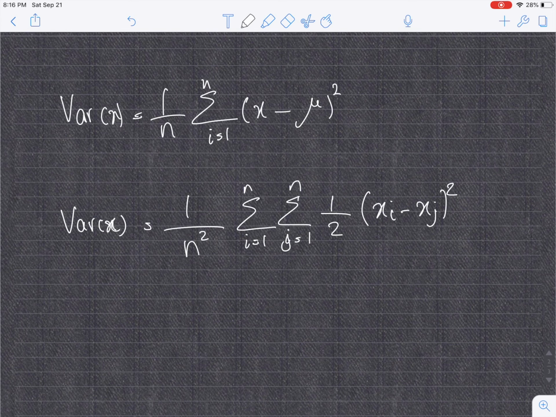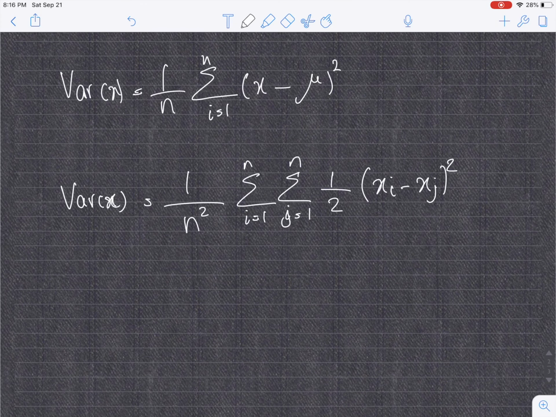Covariance is like variance, with the difference that in the case of covariance, we are going to have two sets of jointly distributed real valued random variables, that can be x and y. We want to write that in the same format that we wrote for variance.